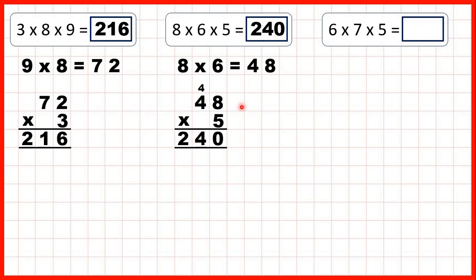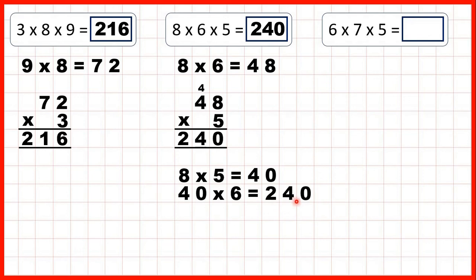Now there was a quicker method here. If we'd first multiplied 8 by 5, that would give us 40, and then we could take that 40 and multiply it by the other number in our question, so by the 6, and we could do that without having to use short multiplication.